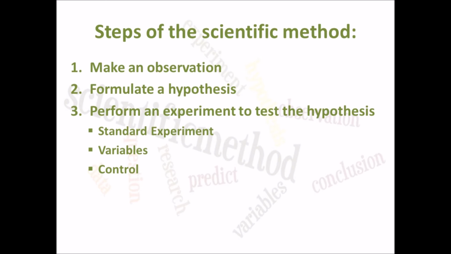This gives you a baseline to fall back on and tells you what would happen if your dependent variable does not respond to any changes in the independent variable. From all of this, you're going to collect your experimental data. The question you ask and the way you set up your experiment will dictate the way that you analyze your data. And from your analysis, you'll be able to draw a conclusion.